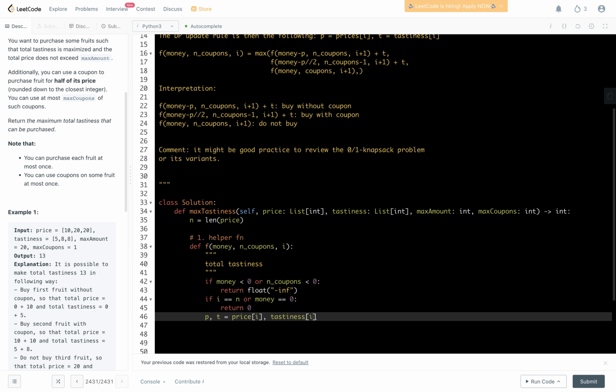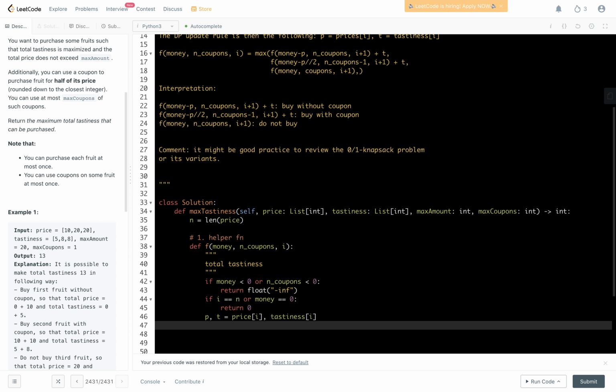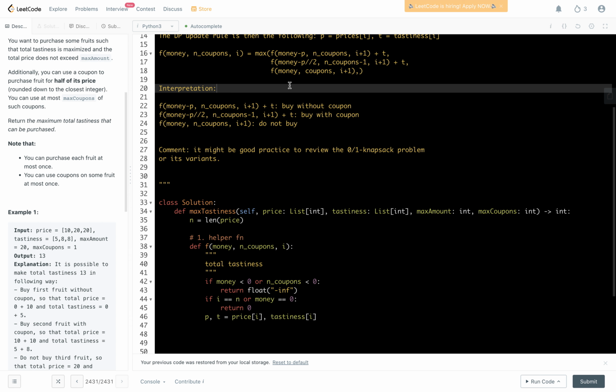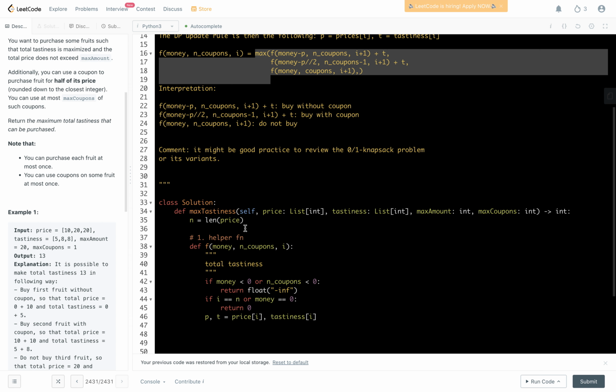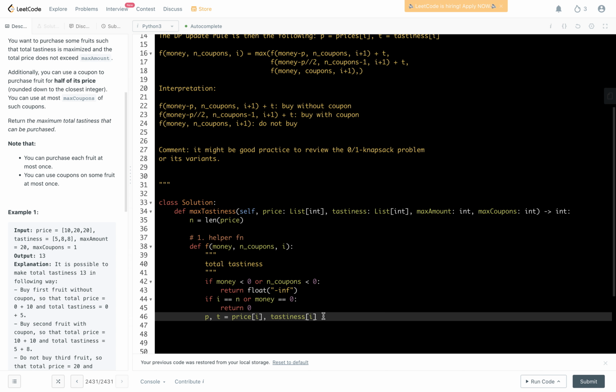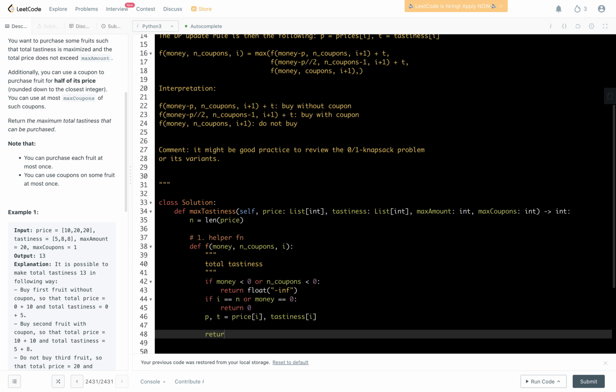With that said, let's track the information for the current price and the current tastiness. So we can write it like this: price at the current index, and tastiness at index i. And then we're going to return the max of the 3 different options.